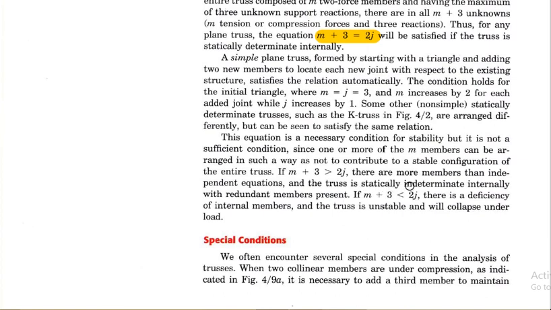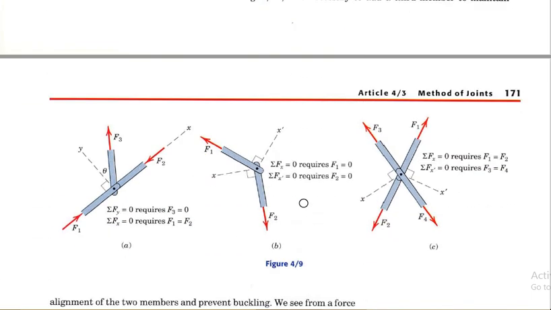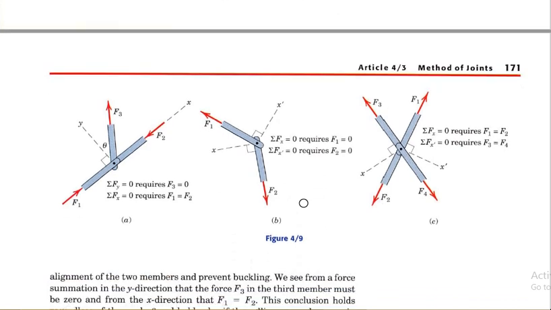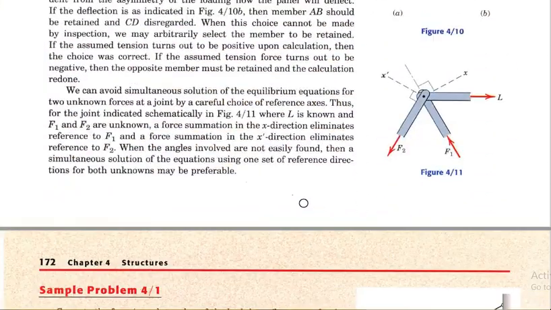This truss is statically indeterminate internally, and if m plus 3 is less than 2j, then there is a deficiency of internal members, thus the truss is unstable and will collapse under load. In the first case, there will be more external members, and in this case there will be a deficiency in internal members. So there are special conditions as well. These are the conditions of different cases.